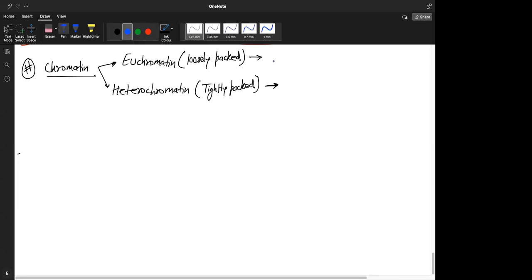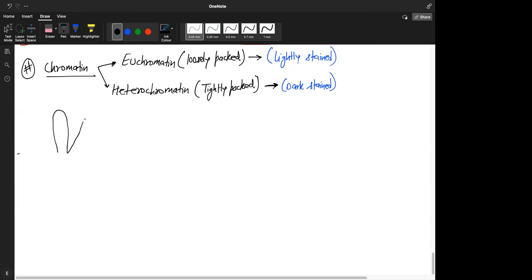Yes. So that's why euchromatin is lightly stained, because the stain passes through it, whereas heterochromatin is dark stained. So this way you can make a chromosomal map of the region which is euchromatin and which is heterochromatin.